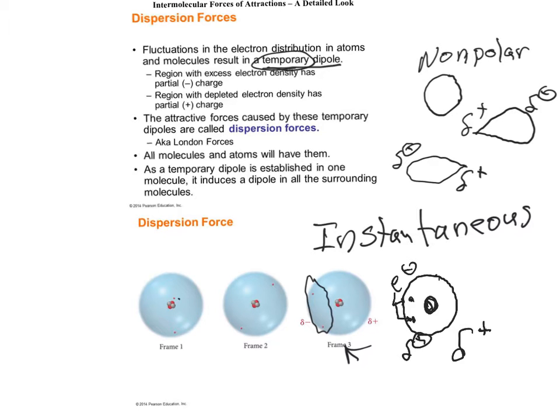And so this negative end of this molecule, if it happens to be close to another, in this case these are heliums, because you can see there's 2 protons and 2 neutrons, 2 electrons, that makes it helium. Helium is not polar by itself, and so you bring this helium atom close to another one, and what's going to happen is that these instantaneous dipoles are going to align so that the negative end of this instantaneous dipole is going to line up with the positive end, and so they'll be attracted.